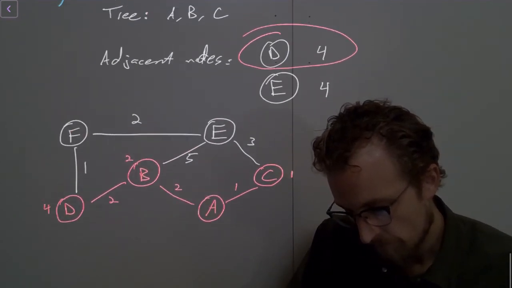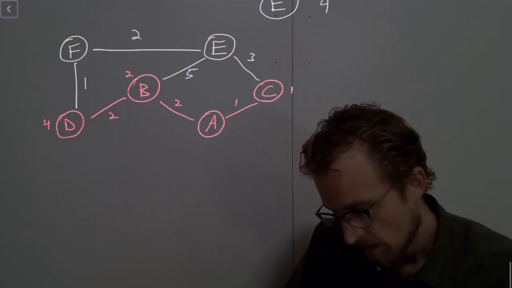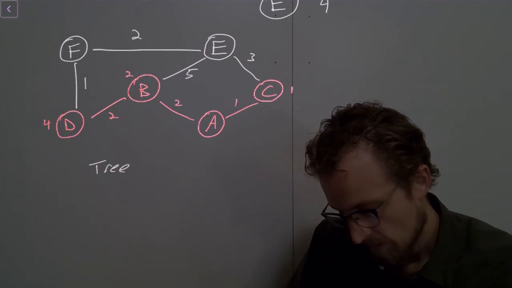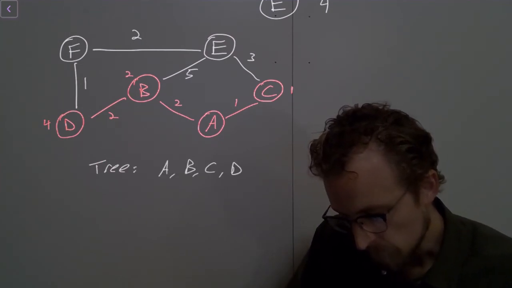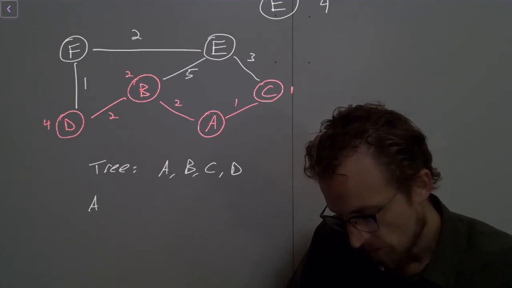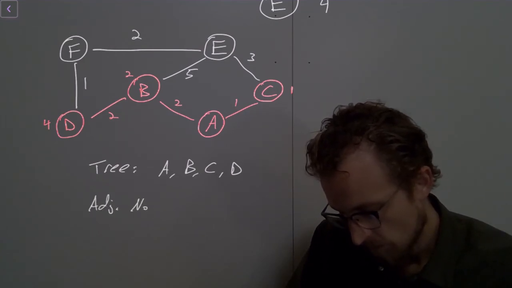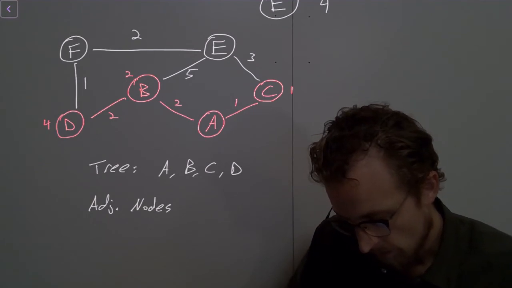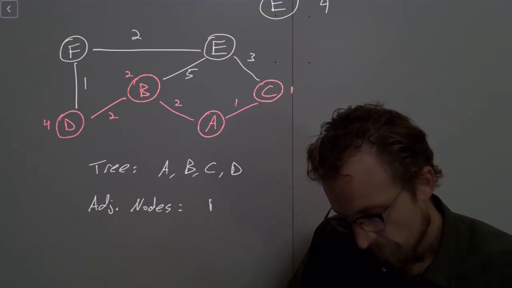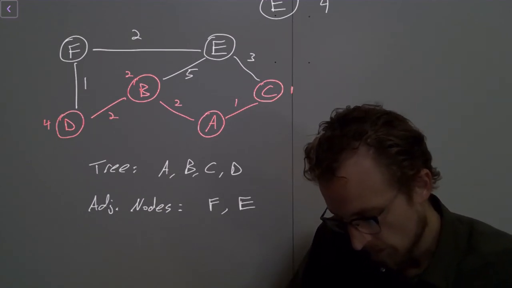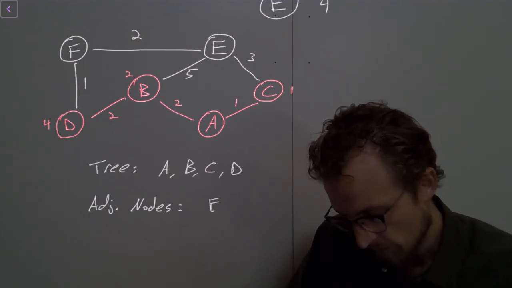So now we can say, what is our tree? Well, the tree is A, B, C, D. What are our adjacent nodes? Adjacent nodes are E and F. Or F and E here, and I'll write those in a list like I've done before.